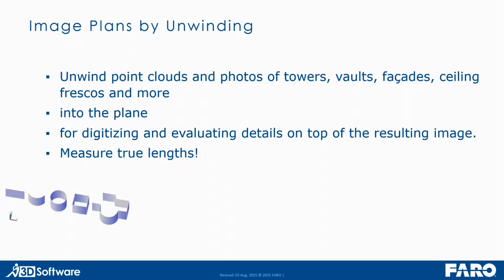Because if you would create an ortho image of those curved surfaces, for instance, you would never get true length on top of those curved surfaces. You will only get shorter length. So this tool is very useful for true to scale image plans of curved surfaces.